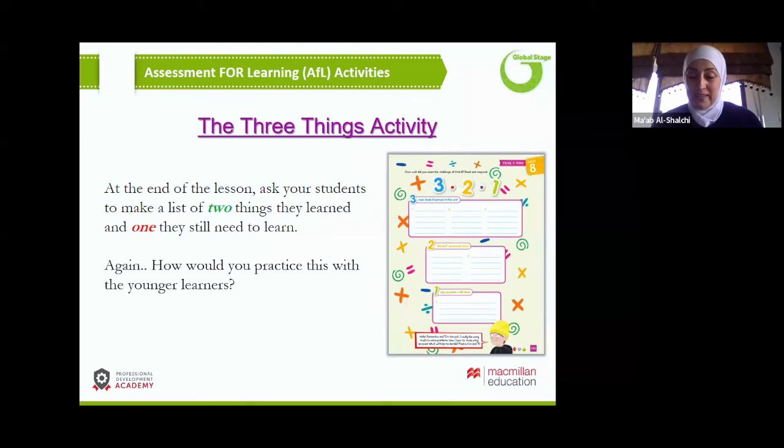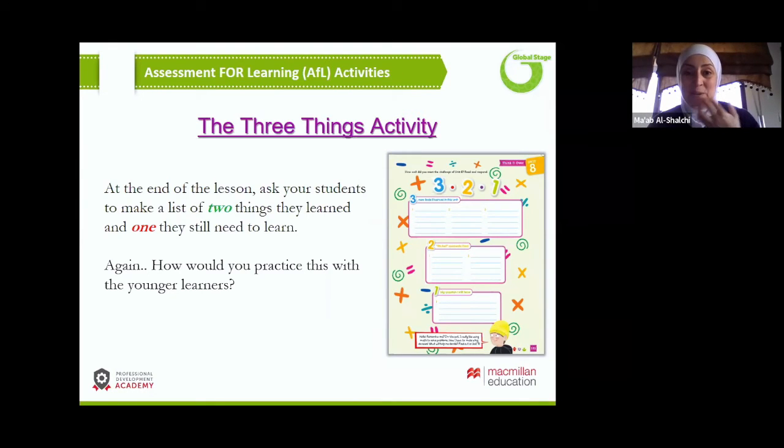And so here's the thing, what you could do is ask them to work in pairs, because there was a comment about students not being able to figure out what they've missed. They might tell you that they liked this and they liked that because it was repeated many times during the lesson, but they tend to miss the point where they did not really understand.